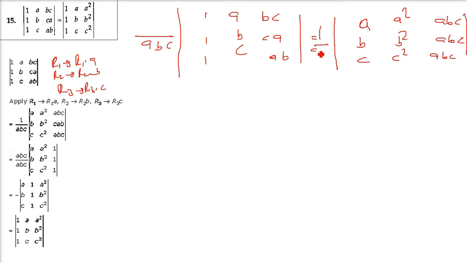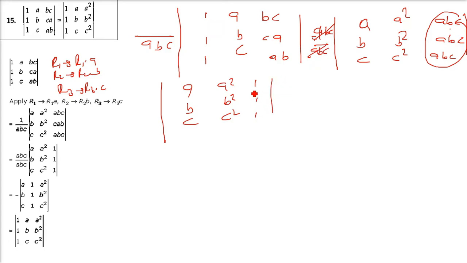The 1 by abc was already there. Now you see the third column: you have all the column elements as abc, so you can take abc common. When you take abc common, abc gets cancelled and the last column will become 1, 1, 1. So I'm writing a, b, c, a squared, b squared, c squared, 1, 1, 1.